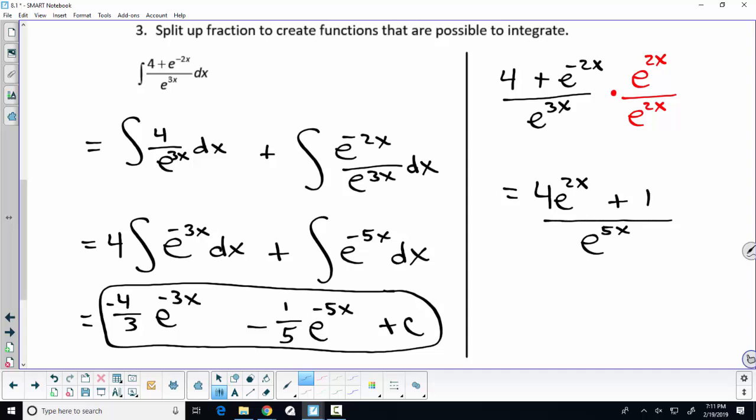So we could also do that, but at some point you need to recognize, well, I've got multiple things over a single thing. Now split these two things up and simplify. So this route would also work.